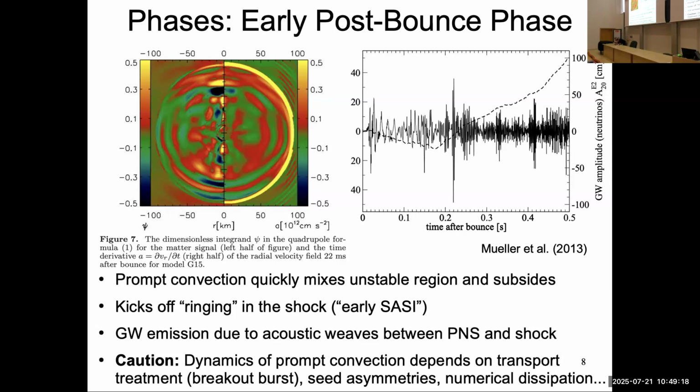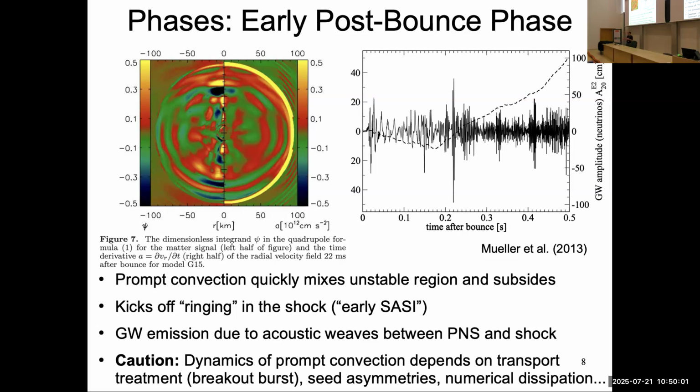I bring up the signal from prompt convection because I actually got a question about that before this conference. And one thing that I think has never been discussed in the literature, but I think I should just tell people, is that this prompt convection signal, or the dynamics of prompt convection and the gravitational waves that come out, is something we need to be very careful about, because, as I said in the previous part of my talk, it matters how you treat your neutrino transport during the time of the shock breakout, when the shock gets into the neutrino transparent medium.